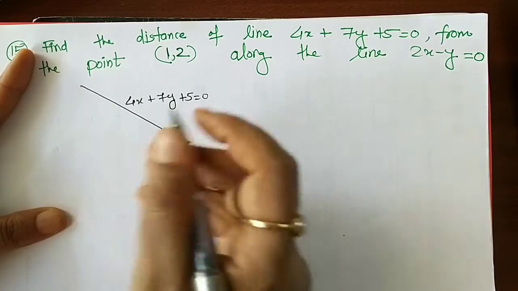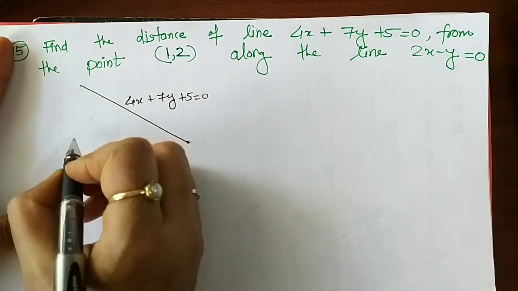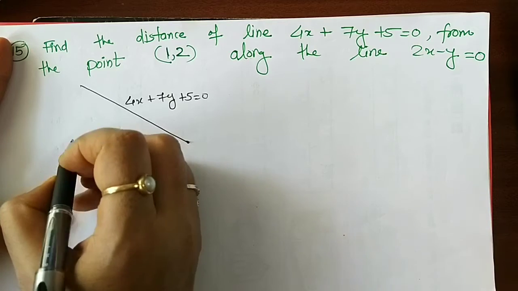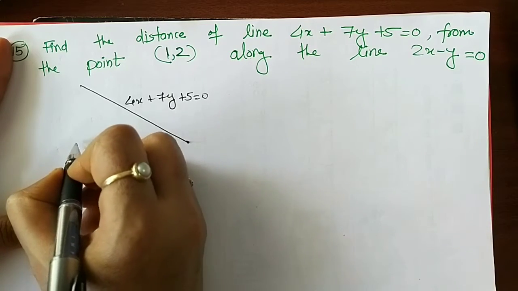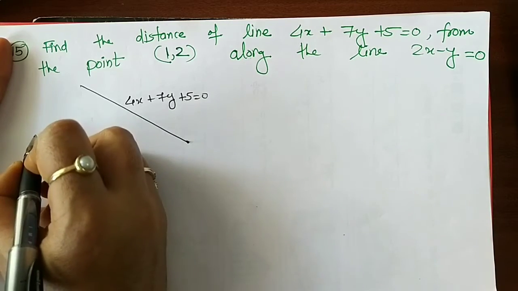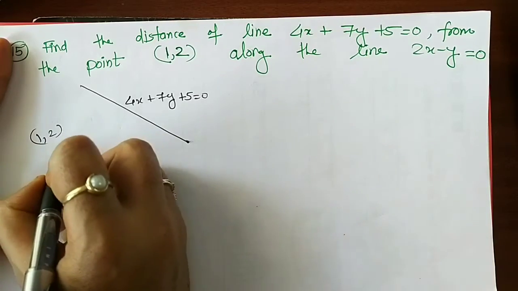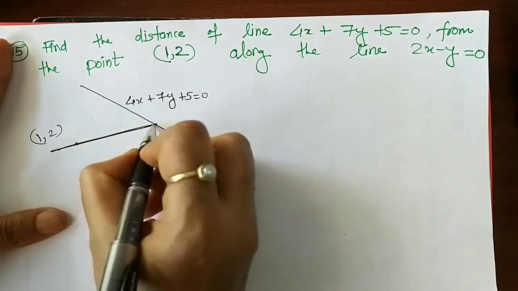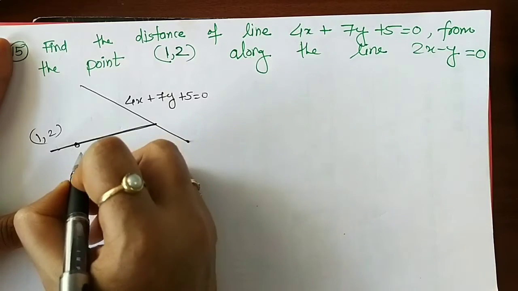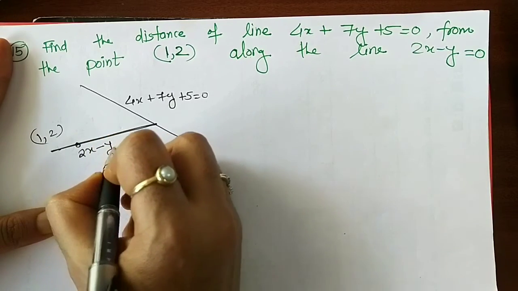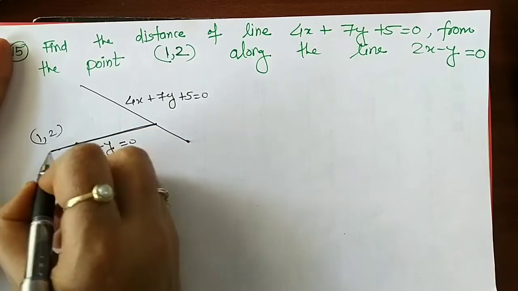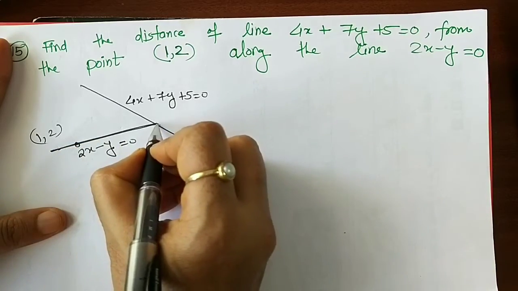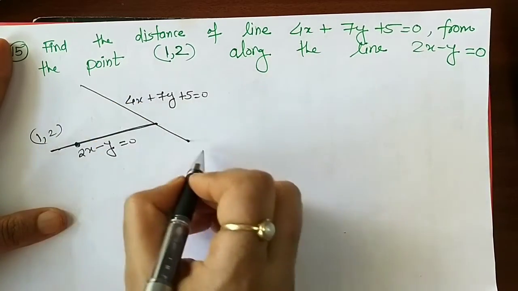Of this line you have to find the distance of this point 1 comma 2 along this line. There is some other line which is given here, 2x minus y is equal to 0. Along this line you have to find this point's distance from this line.